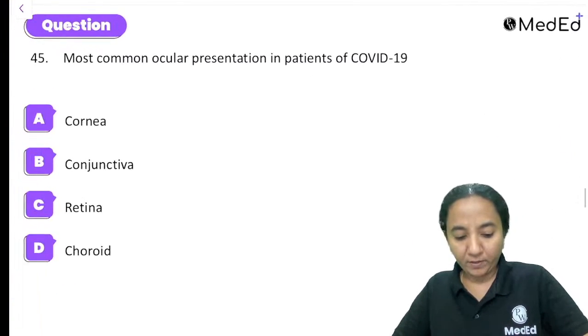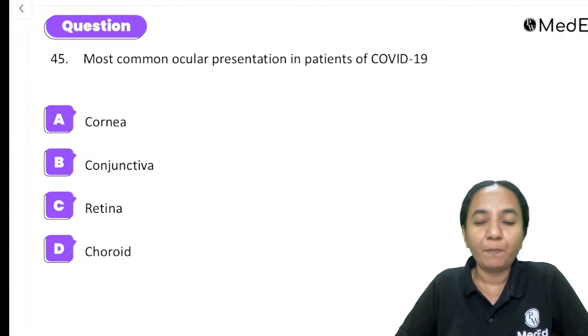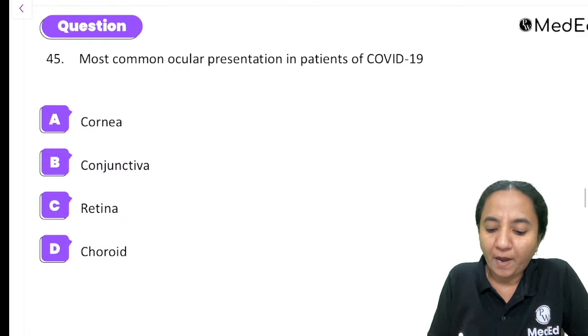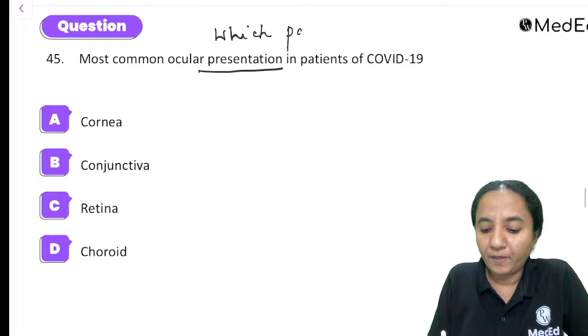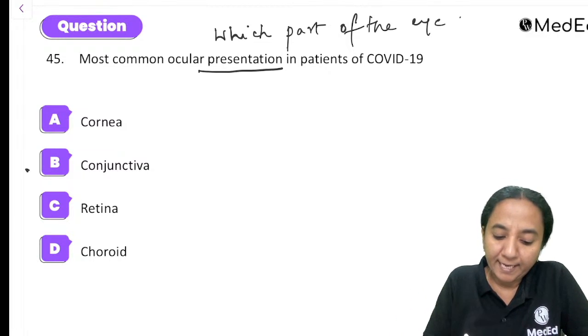Okay, next question. What is the most common ocular presentation in patients of COVID-19? Or we should say that which part of the eye is commonly involved? That's how the question should have been framed. Which part of the eye is most commonly involved? The answer is conjunctiva.